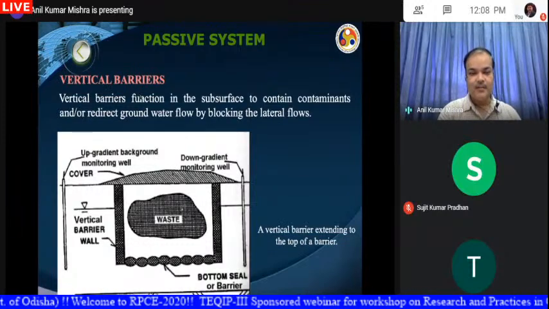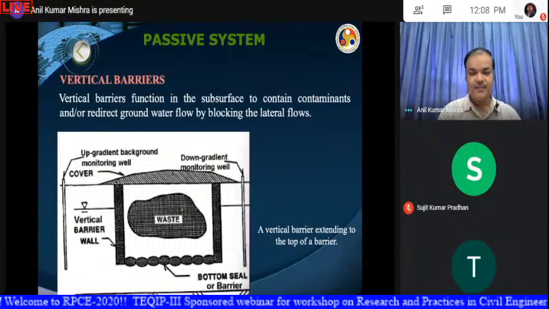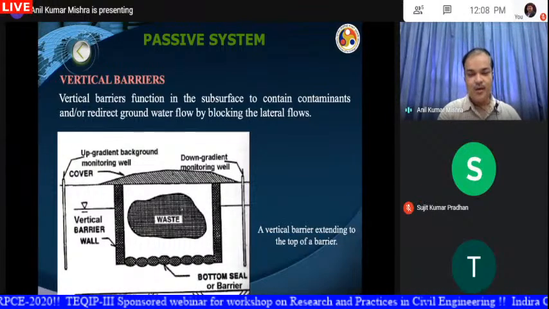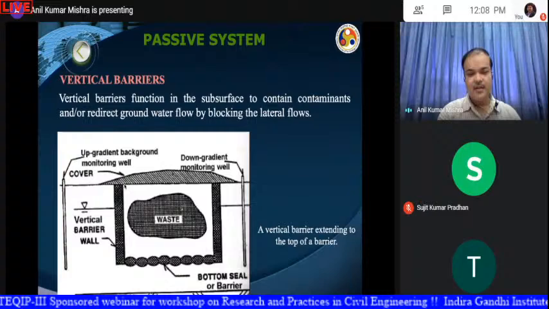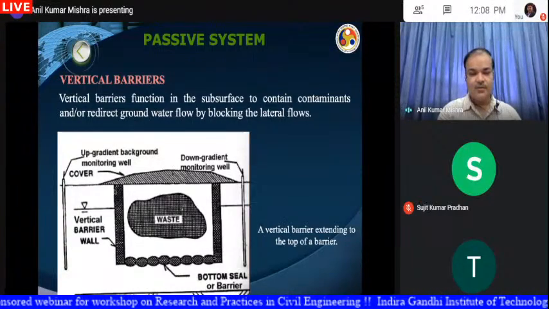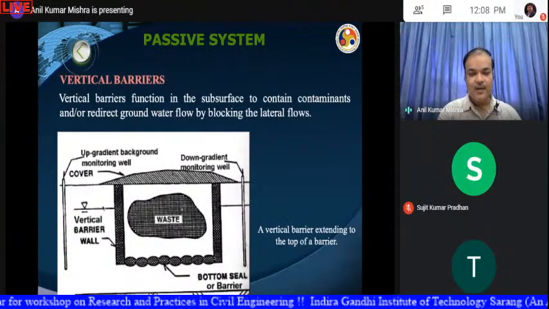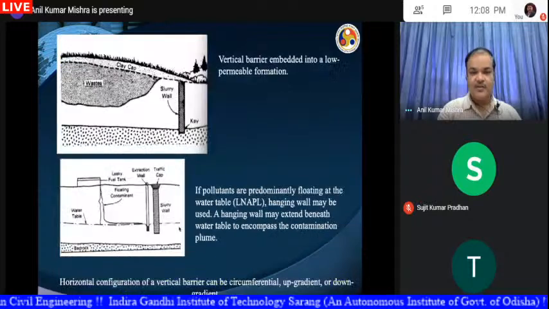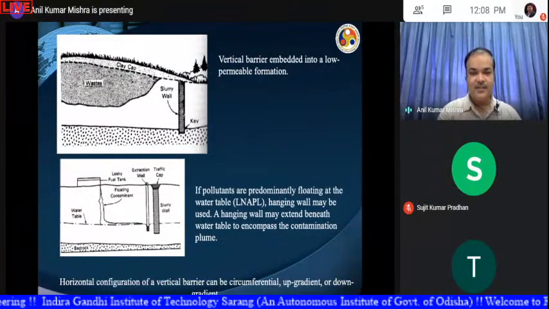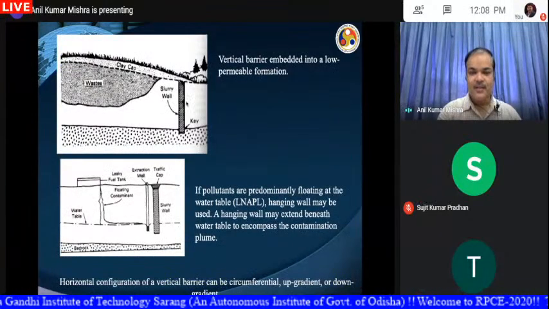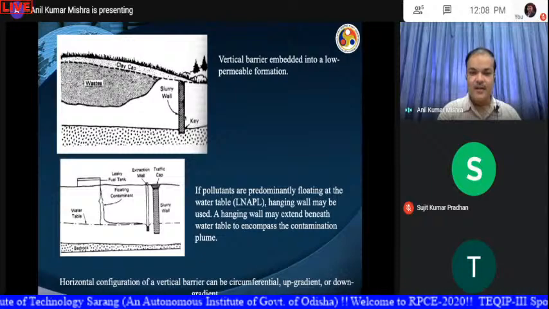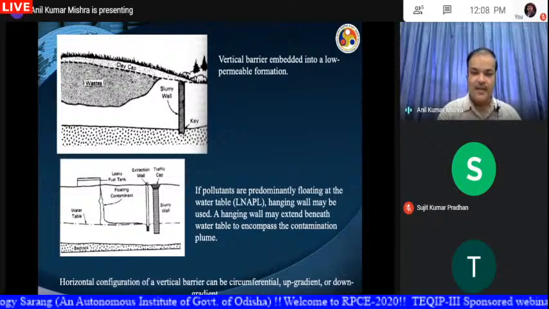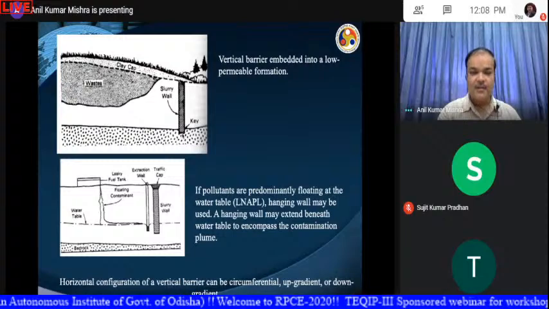First one is a vertical barrier. As the name suggests, this is a wall constructed in the vertical direction. These vertical walls will not allow the water to react with the waste material present inside. You can see this is a vertical wall. In some cases the vertical wall can go directly up to the rock strata.